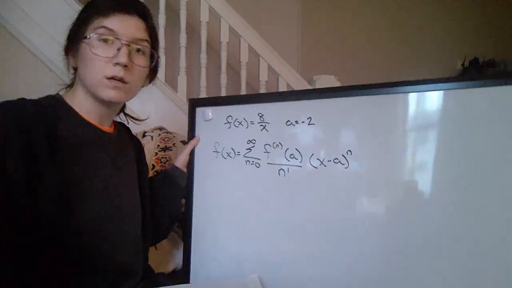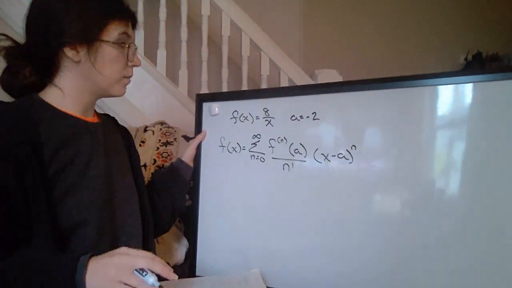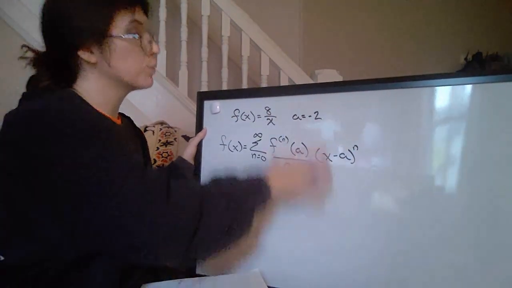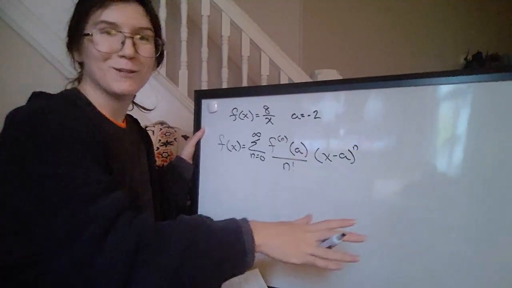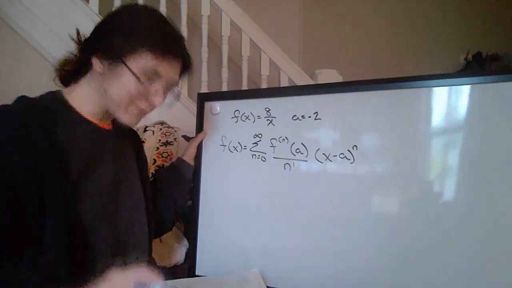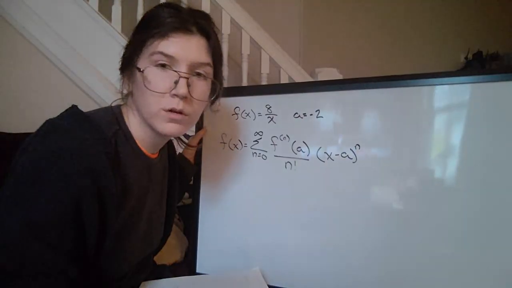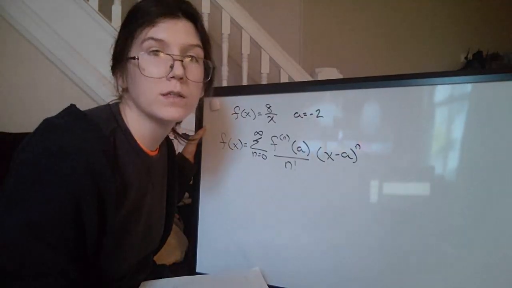Since I may be a little limited on space, I'm going to erase this. I'm going to write my derivatives, plug in my derivatives, and we'll see how we do on space. Okay, so let me go back to the problem, because the problem, again, will tell you how far you need to go, basically.